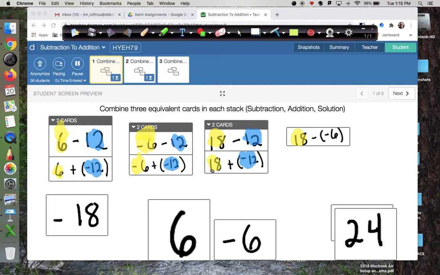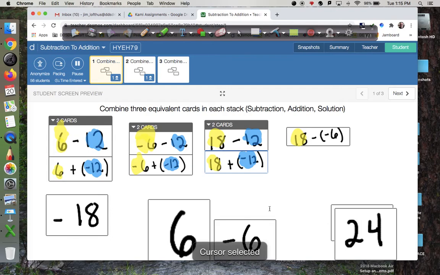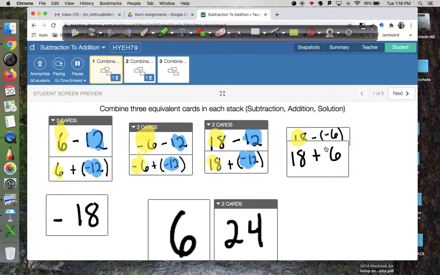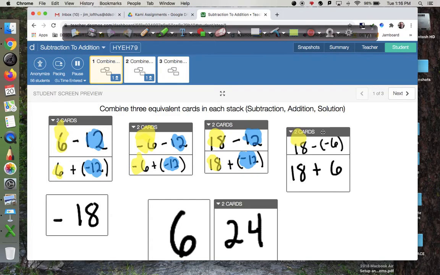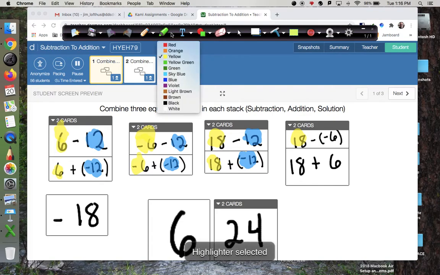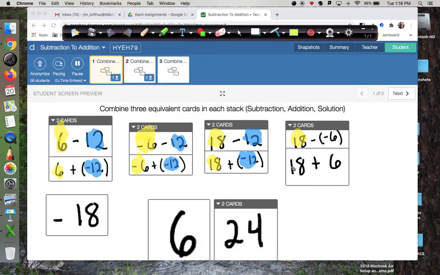And then the last one, let's get the highlighter again. The opposite of negative 6 is 6.